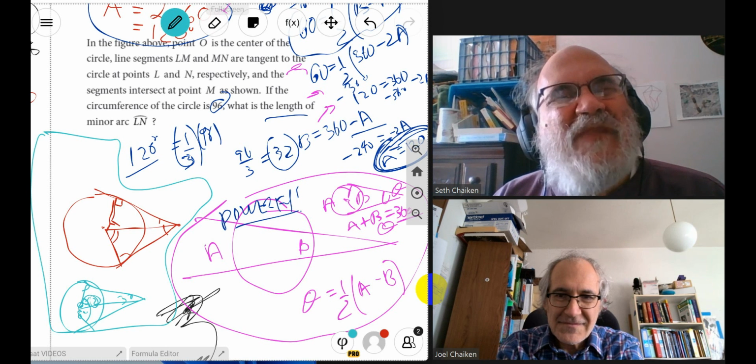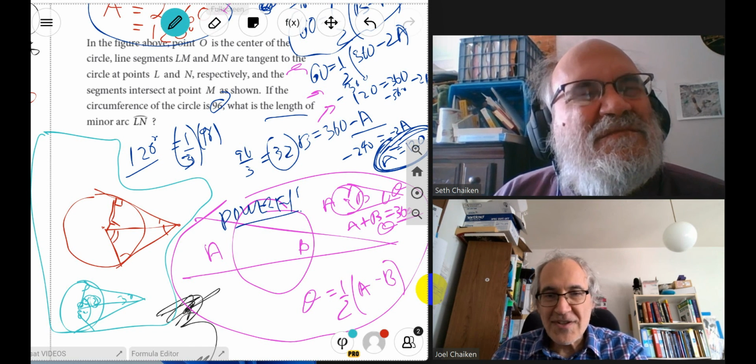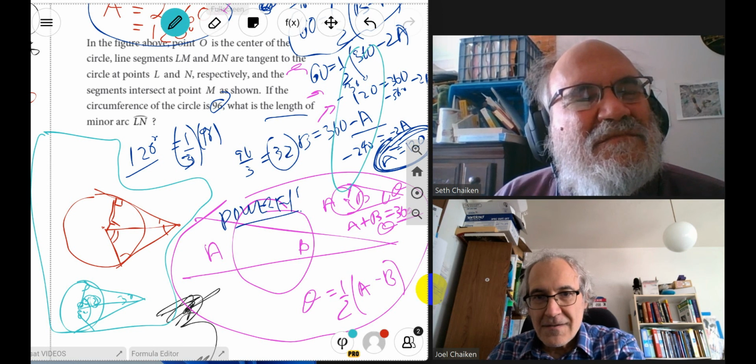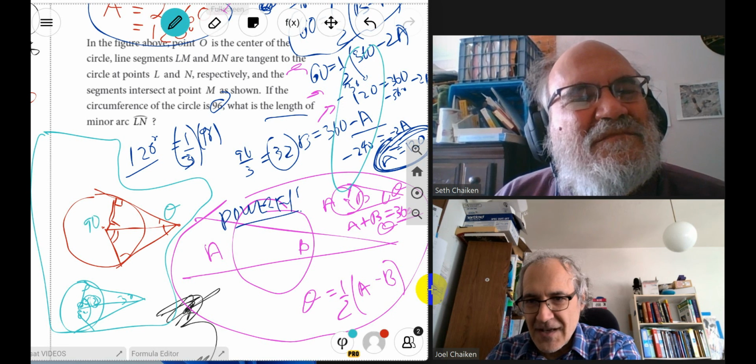Oh, is it true in general? Doesn't look like it, I don't know. Well, we know it is because you can prove it this way. This is theta, and this is 90 minus theta. So that's 2 theta, and that's 180 minus 2 theta.